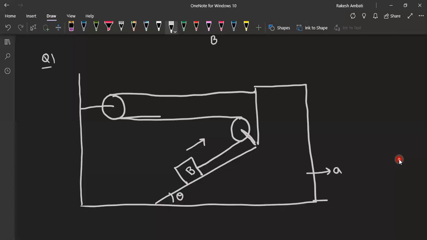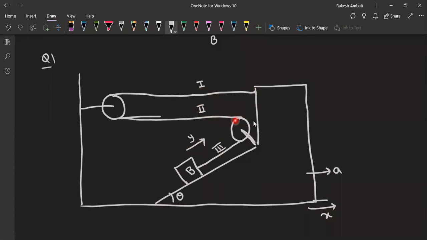So if the wedge is moving rightwards through distance x, for example, this is the first segment, this is the second segment, and this is the third segment. Let this distance be y. As the wedge moves rightwards through distance x, the first segment length increases by x, the second segment length increases by x.